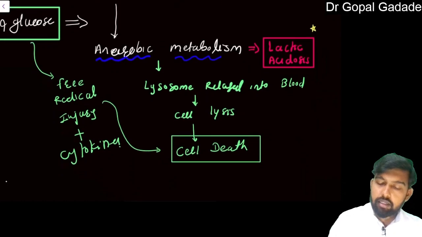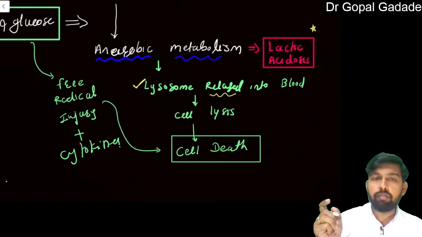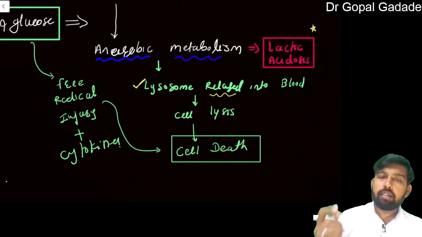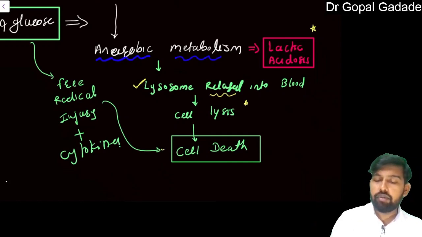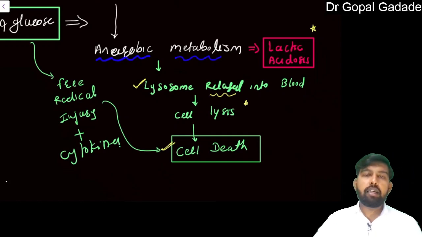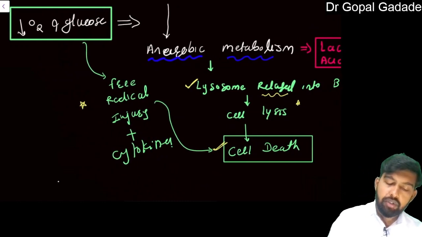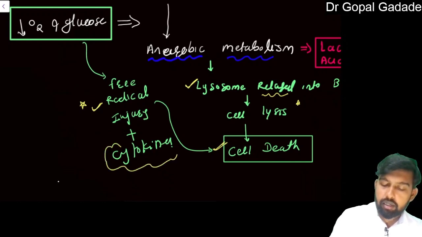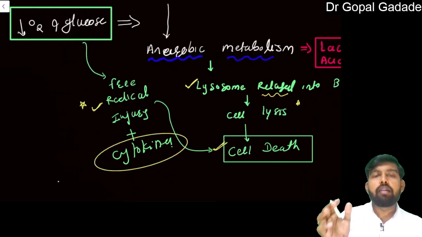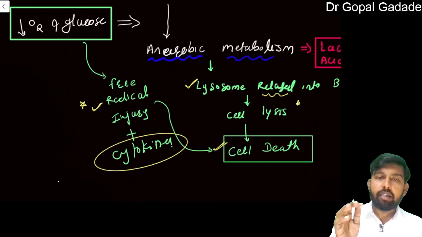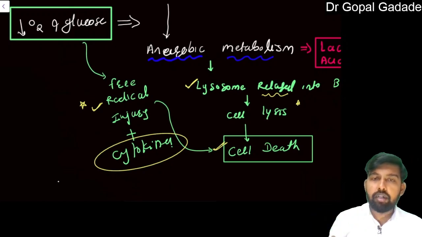As well as lysosomes are released into the blood, which causes cell lysis and ultimately leads to the death of the cell. And because of the reduced oxygen concentration, there is free radical injury to the cell in combination with the release of multiple cytokines and metabolic mediators, which ultimately lead to cell death.